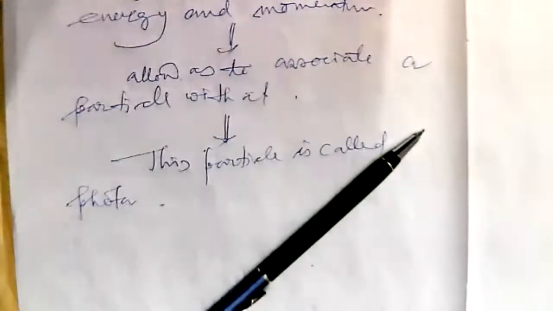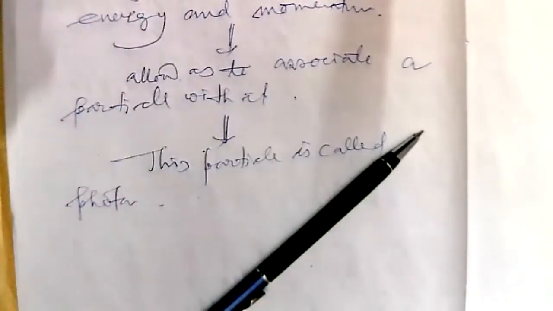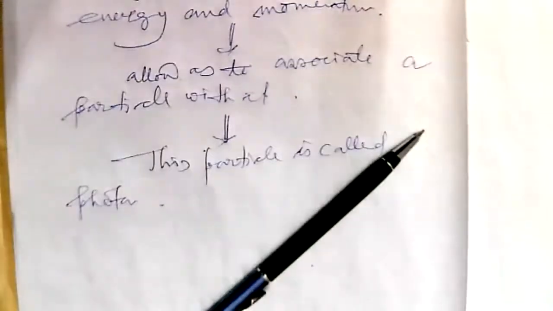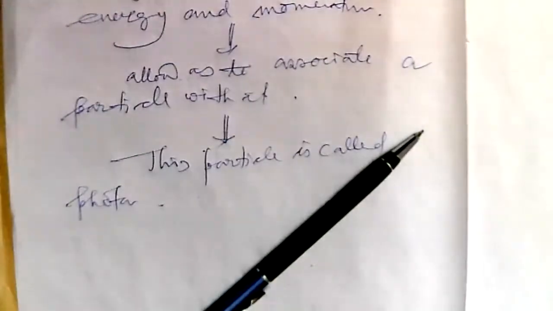So there are some basic features of the photoelectric effect which we have already discussed. Let us summarize them. In the interaction of radiation with matter, radiation behaves as if it is made up of particles called photons.